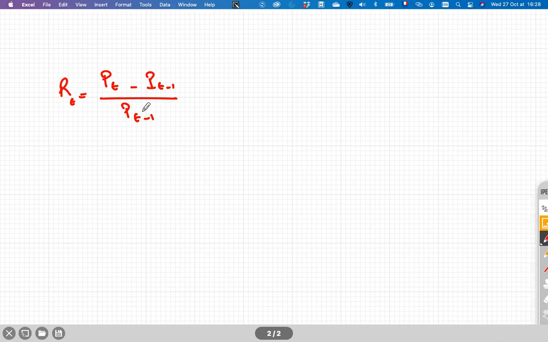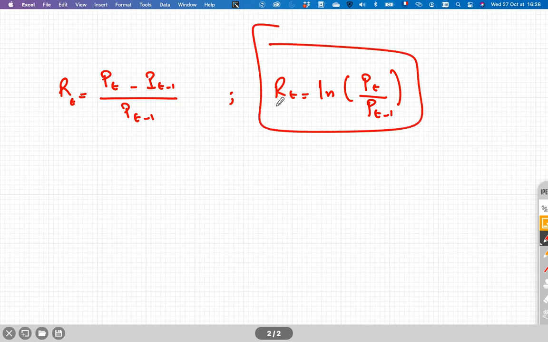But if we can observe the price at any time, we call it continuous, which is the case for stocks, because during the trading session you will observe the price live. So for this one, we use RT equals the logarithm ln, the Neperian logarithm, because we have the decimal logarithm and the Neperian one. This one is the Neperian logarithm of PT divided by PT minus 1. So we use this one for stocks.